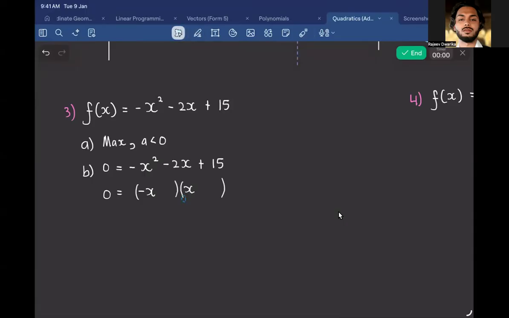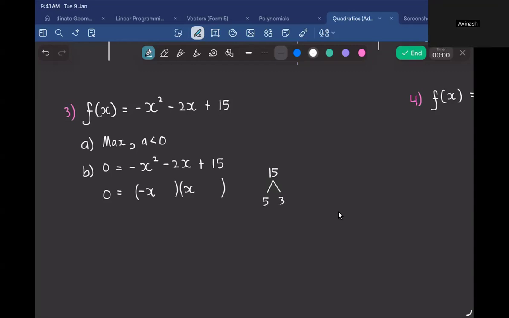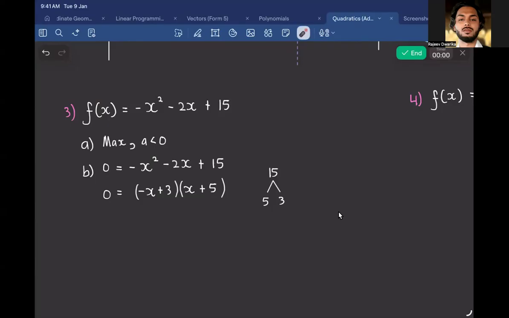Okay, and then you would look at 15. To get 15, you would think 5 by 3. Yeah. Now we need to figure out where we want to put it. It is -2, so do you put a negative by one then? I will put the plus 5 over there, and the plus 3 over there. In this context, it matters. Let me show you why I'm saying that.